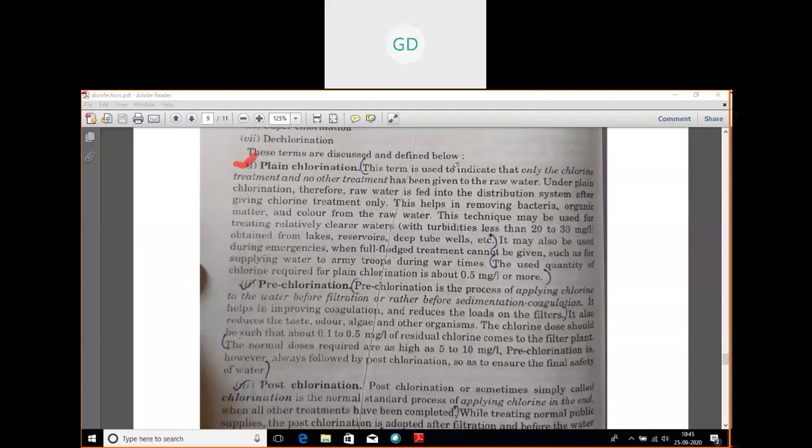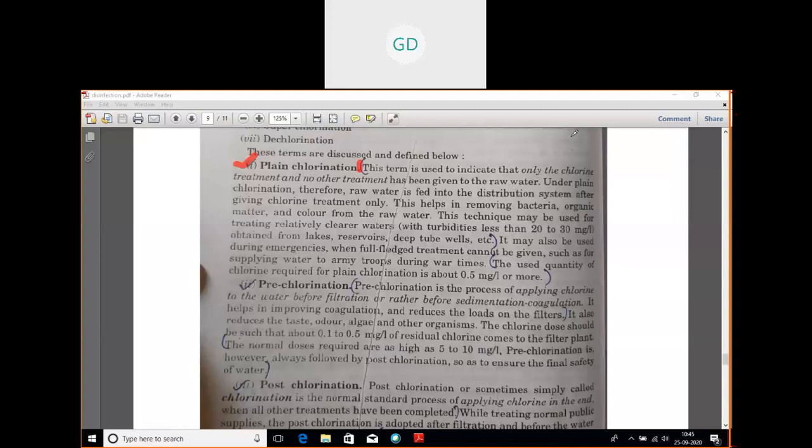This term is used to indicate that only the chlorine treatment and no other treatment has been given to the raw water. Did you understand what is said here? When no other treatment, that means no screening, no sedimentation aided with coagulation, is done, only chlorination is done.